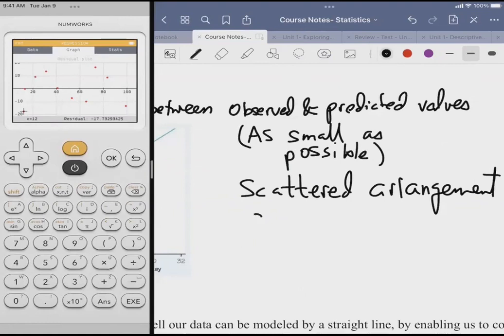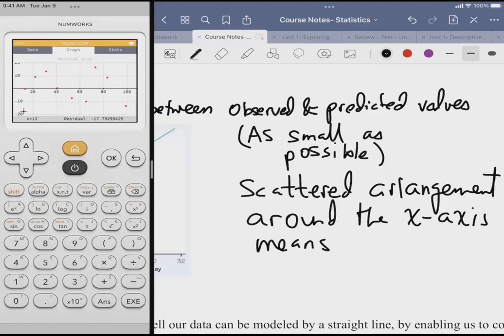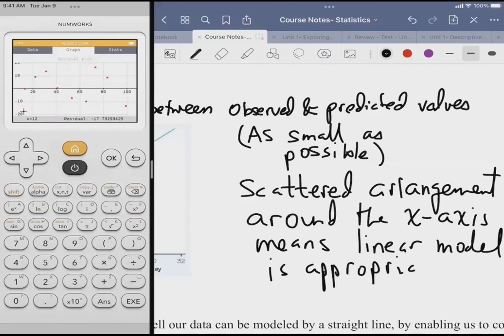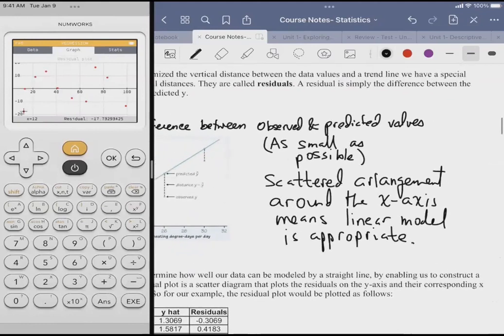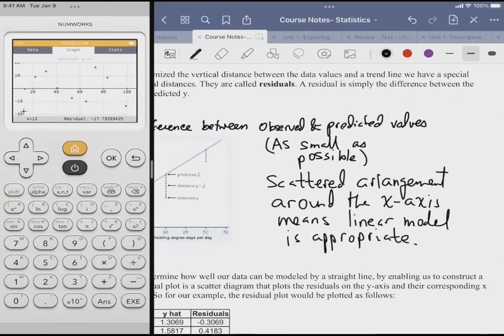Scattered arrangement around the x-axis means the linear model is appropriate. All right. That's really what all this is getting at.